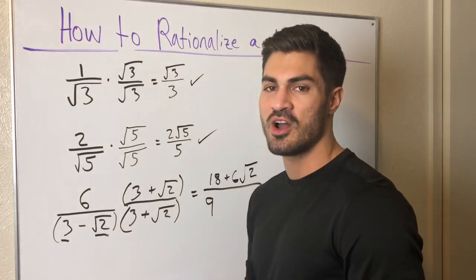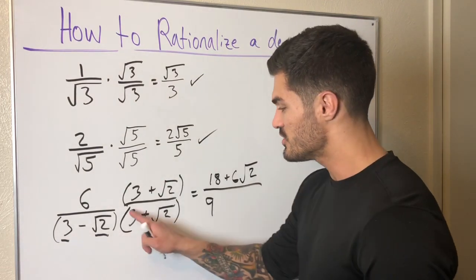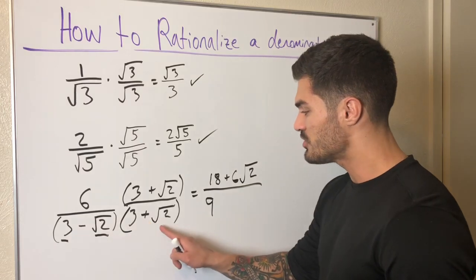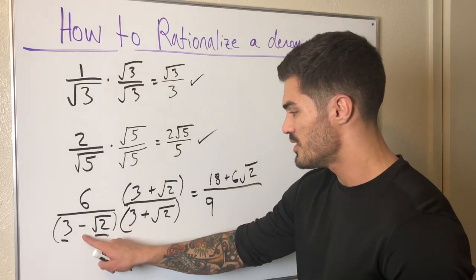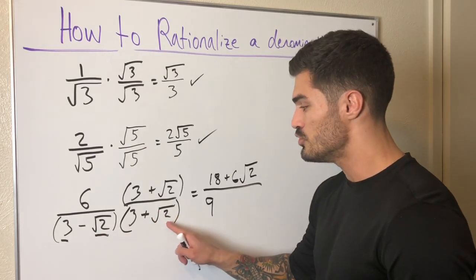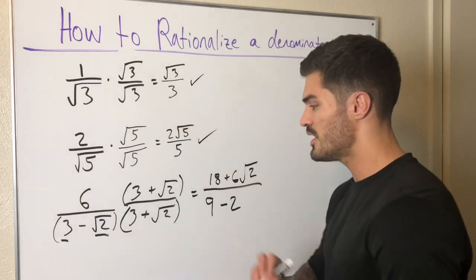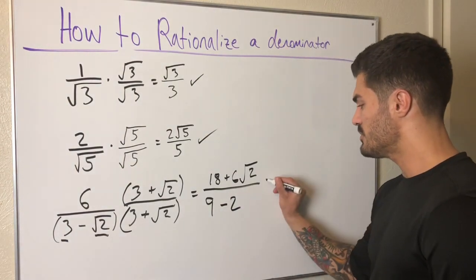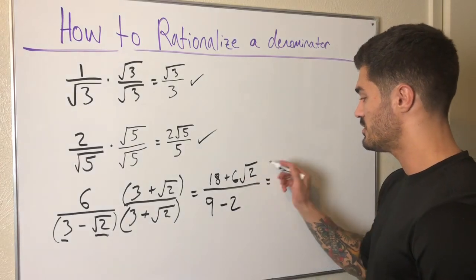And that's why we use this conjugate, because that happens when you use the conjugate. The radicals cancel. So this is 9 plus 3 times root 2 minus 3 times root 2. Those will cancel. And then it's minus root 2 times root 2, which is just 2. Right? And then when I simplify this, it is simply 18 plus 6 square root of 2.